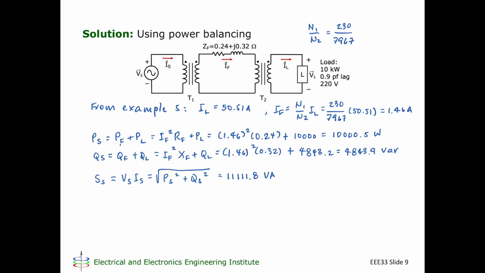Now, I_S, I can compute. I know the RMS value of I_F. I know the turns ratio of T1. I can compute I_S. I_S is going to be N2 over N1 multiplied by I_F. By the way, this is N1, this is N2, and here this is N2, and this is N1.